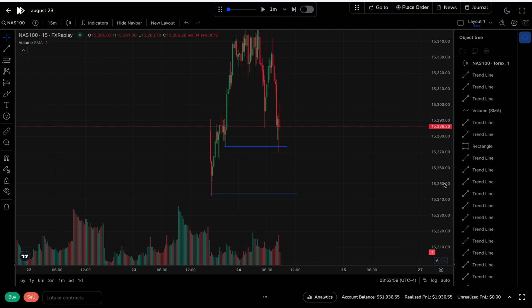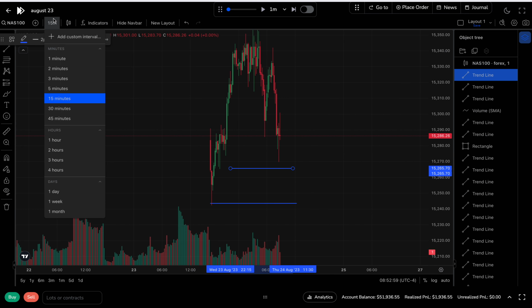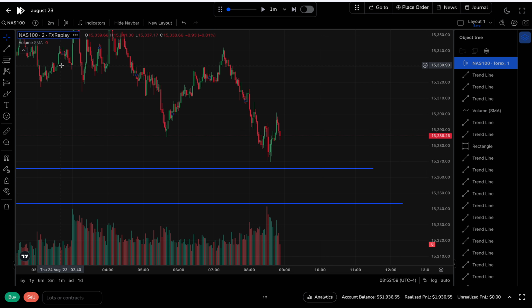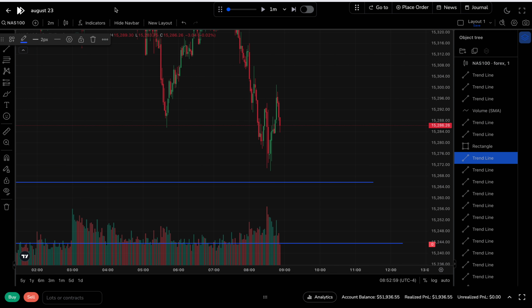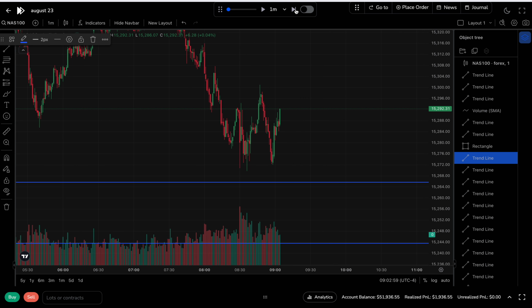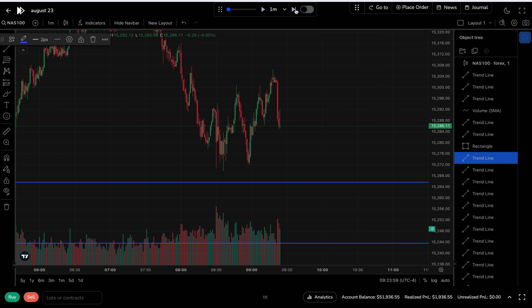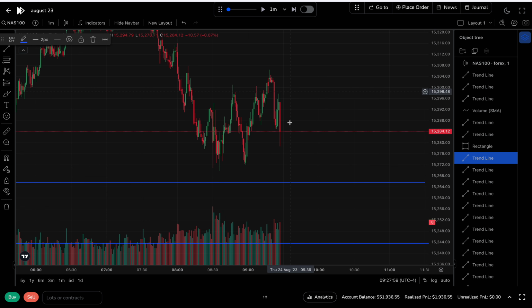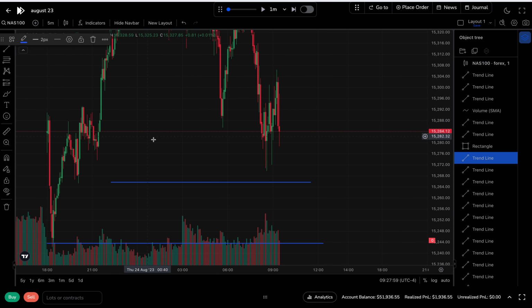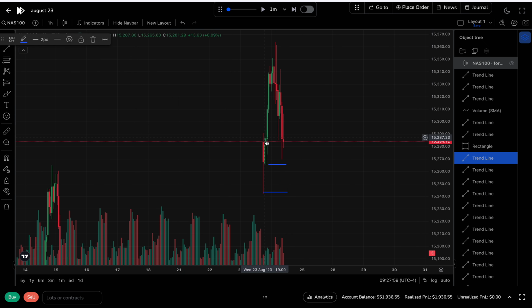Okay, so we tap this 15 minute. We got a 2 minute inverse, it looks like. I'm gonna stay out. So we have a 5 minute inverse. You have an hourly inverse as well.